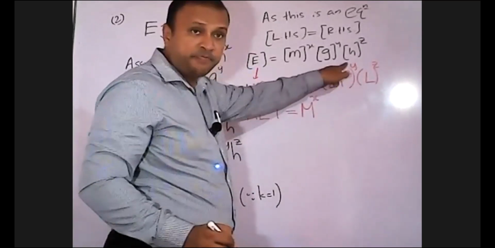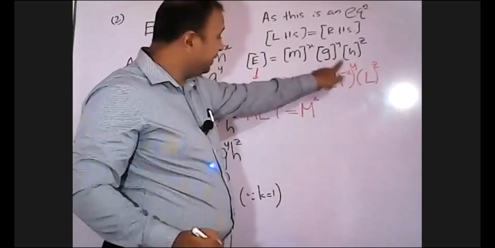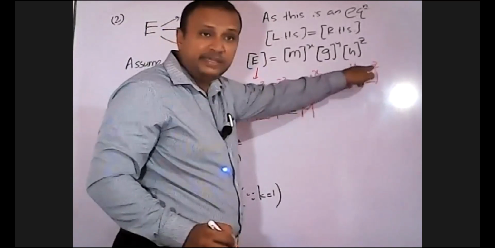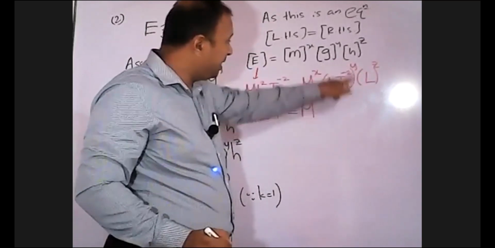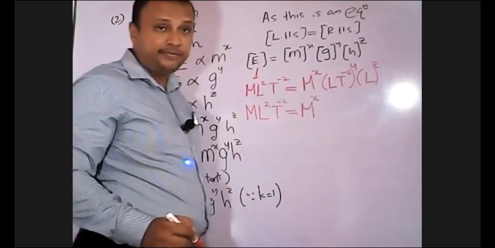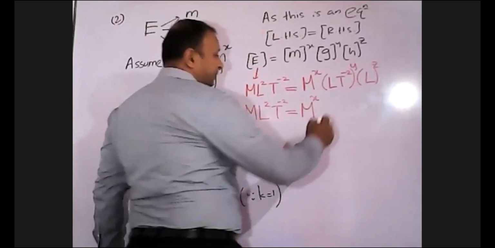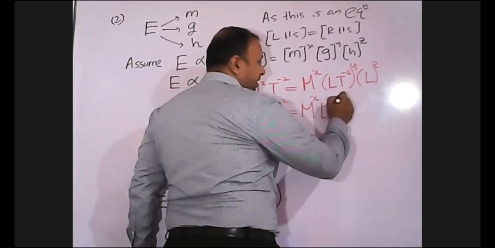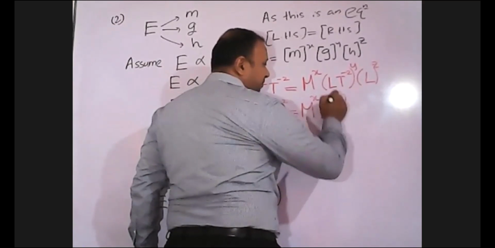L to the power y is multiplied by L to the power z. L to the power y multiplied by L to the power z. So my answer is L to the power y plus z.